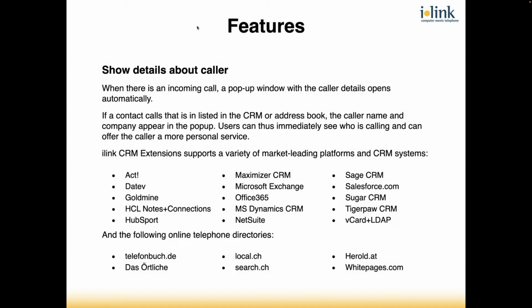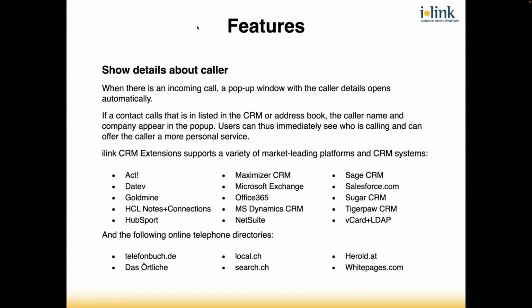So, for example, there's ACT. Data is a German-based local application. Goldmine is national. We integrate Notes and Connections from HCL. Hub, this is supposed to be HubSpot, so there's a typo here.